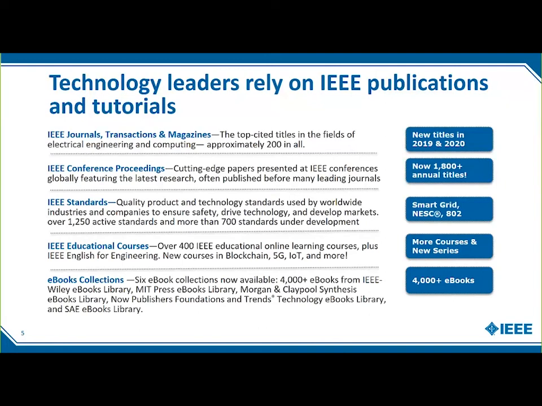And there are also 6 Ebooks collections in IEEE Xplore from IEEE Wiley, MIT Press, Morgan and Claypool, Now Foundations and Trends, and SAE. And books can really help to bridge the gap between that free Wikipedia-type content you find on the Internet and the technical IEEE journal articles and conference papers.